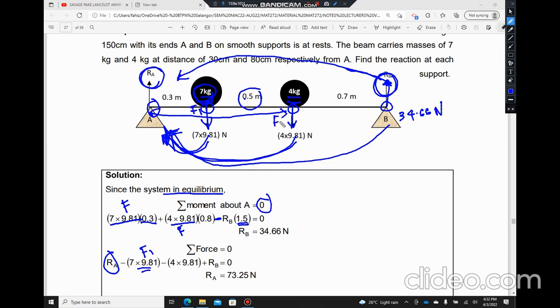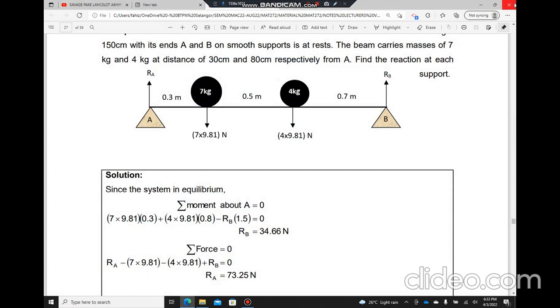Kat sini saya tandakan dengan F2. So F2, and then kita ada last is RB. So kalau tengok kat sini, why this one negative? Sebab dia ke bawah. Dua-dua ni ke bawah. So minus, and then RA plus RB. RB ke atas, RA pun ke atas, dia adalah positif. So you solve for RA. So you get RA is 73.25.